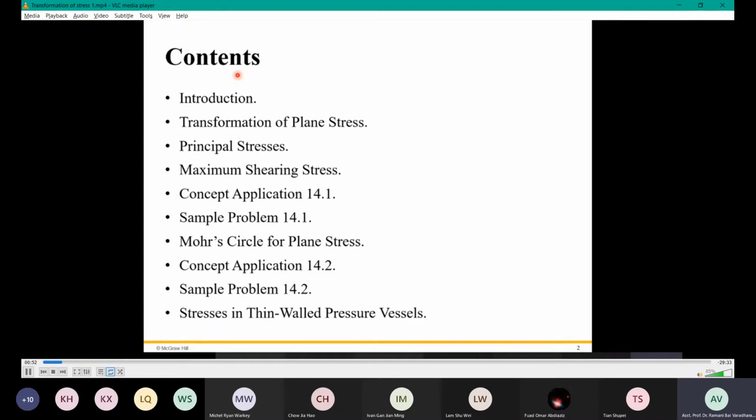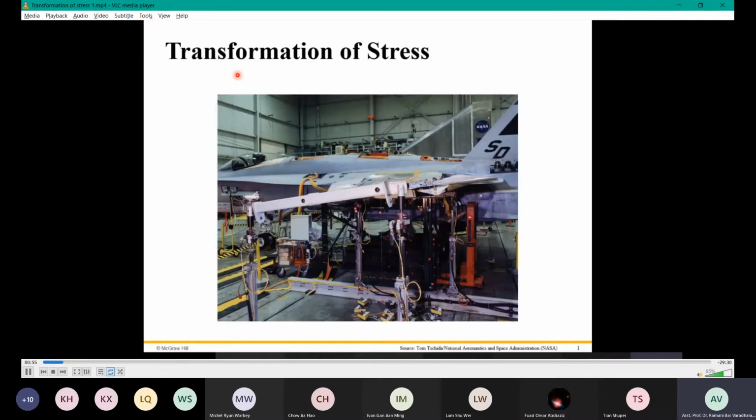The two types of stresses you studied are normal stress and shear stress. Normal stress is just a vertical loading, whether perpendicular to the longitudinal axis or along the longitudinal axis. Both will create a kind of axial loading and normal stresses.